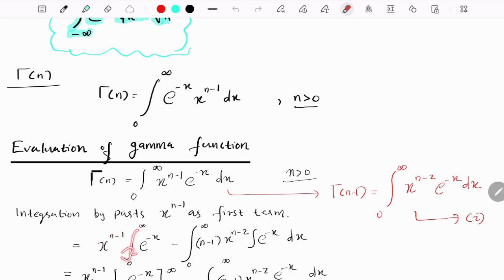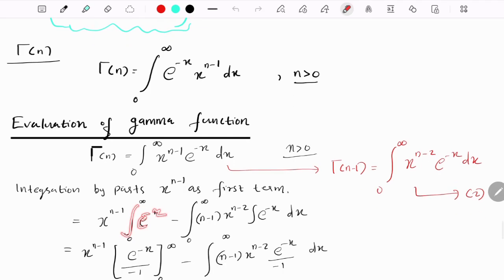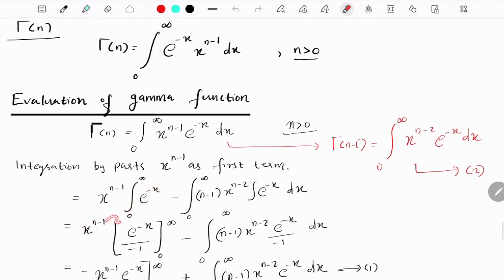Now we are integrating. The first function is x to the power n minus 1. Then integrating e to the power minus x, that is x to the power n minus 1 into integration of e to the power minus x, that is e to the power minus x divided by minus 1, and there is a limit 0 to infinity. Then minus integral of differentiation of first function.